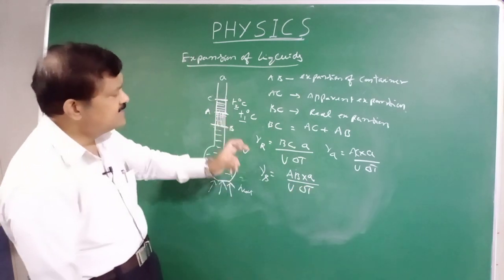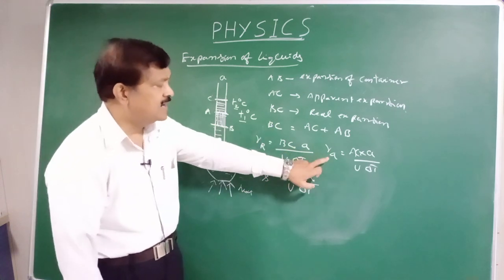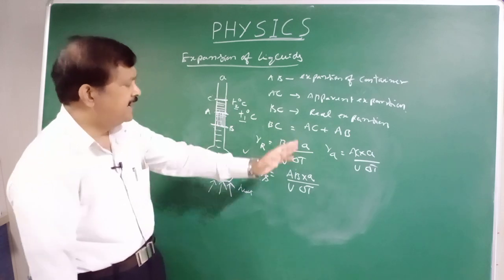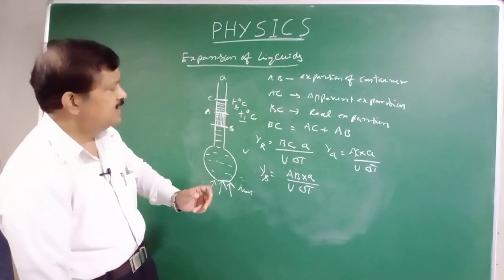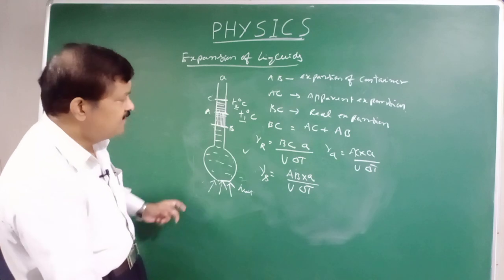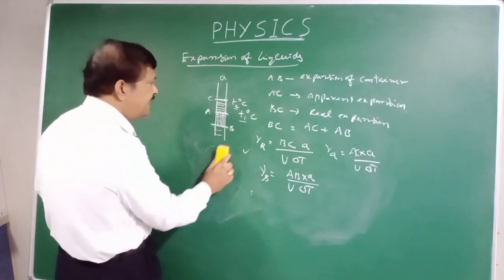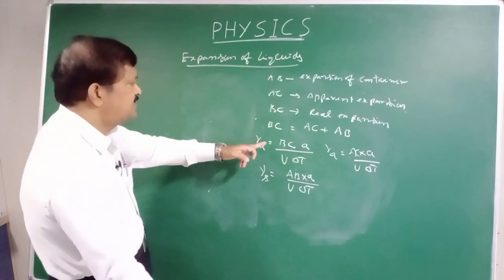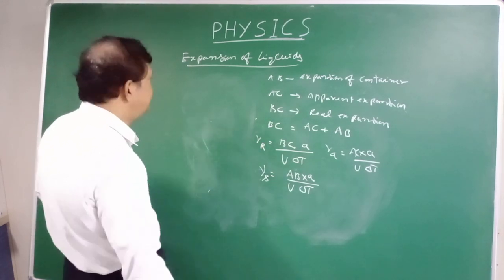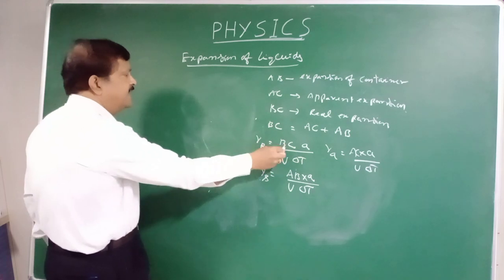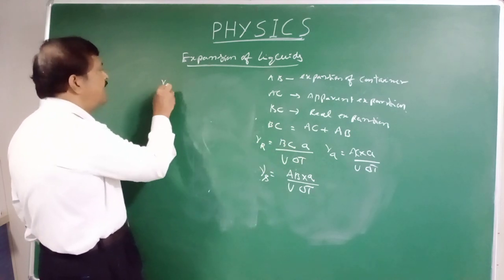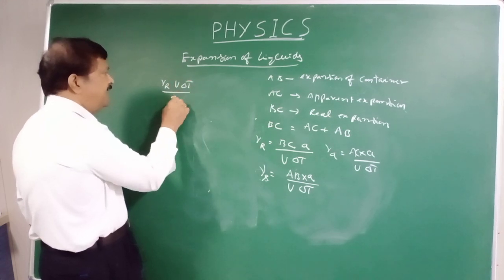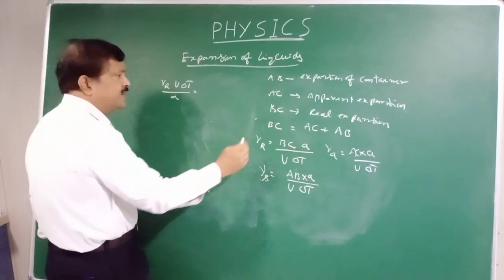Now from these values of gamma A and gamma of the solid, let us take the values of BC, AC and AB and substitute. What will we get finally? If you substitute all these values, what is BC? BC, very clearly, is gamma R into V into delta T by A, equal to AC.